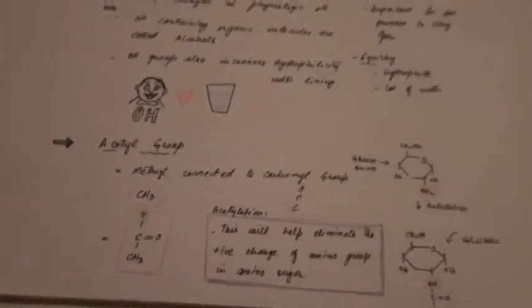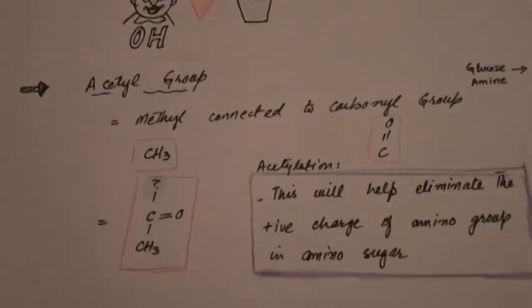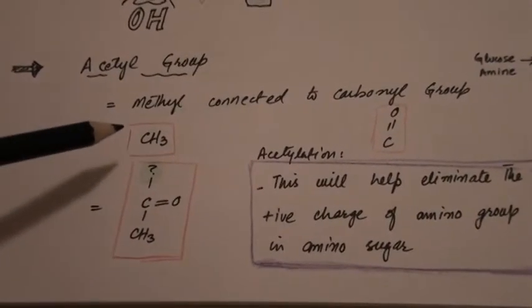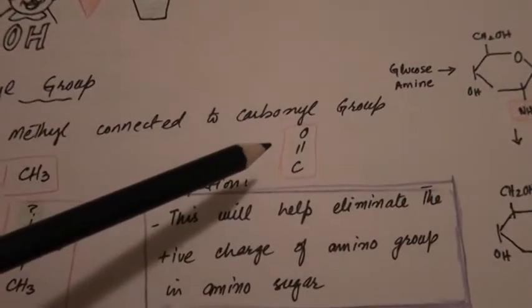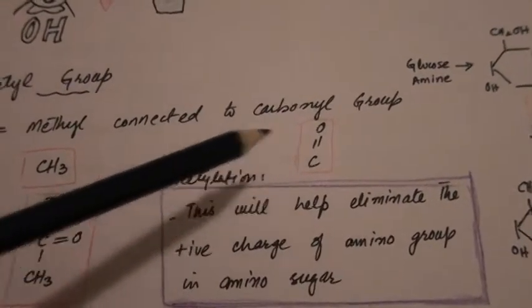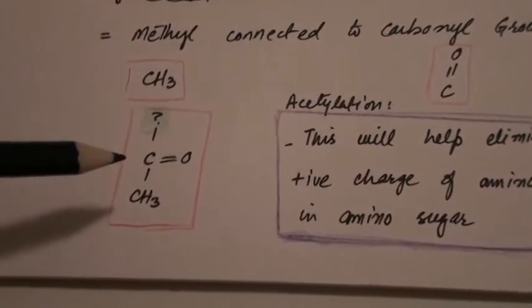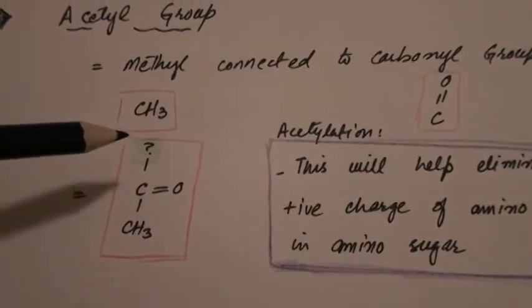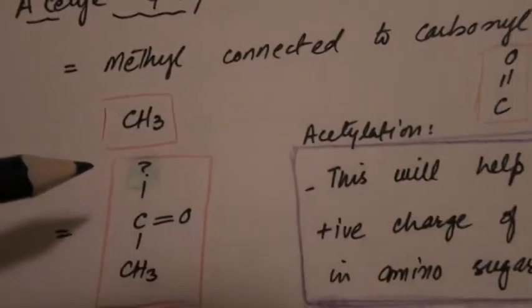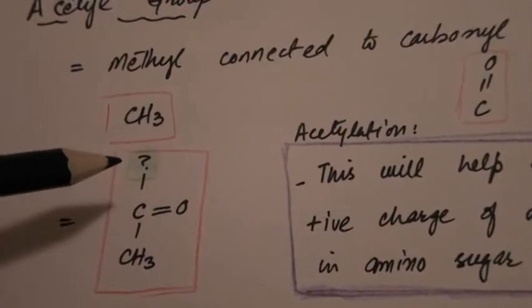The other thing which we should know is the acetyl group. An acetyl group is a methyl CH3 which is connected to a carbonyl group, carbon attached to oxygen. So here is an acetyl group present in front of us. Here for this question mark, you could have various things attached as a side chain.